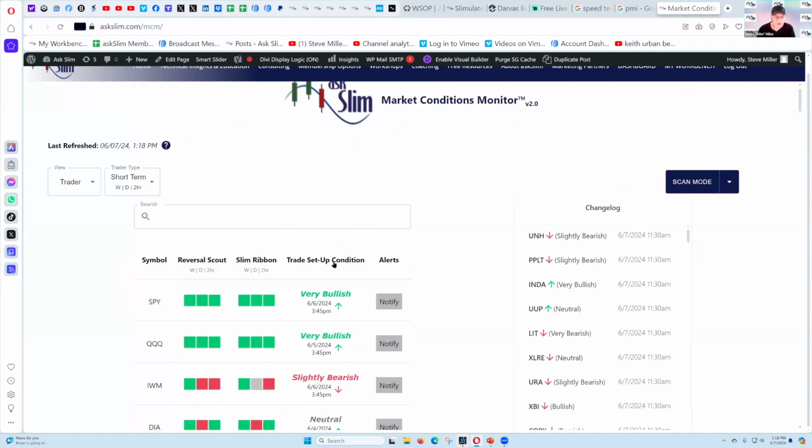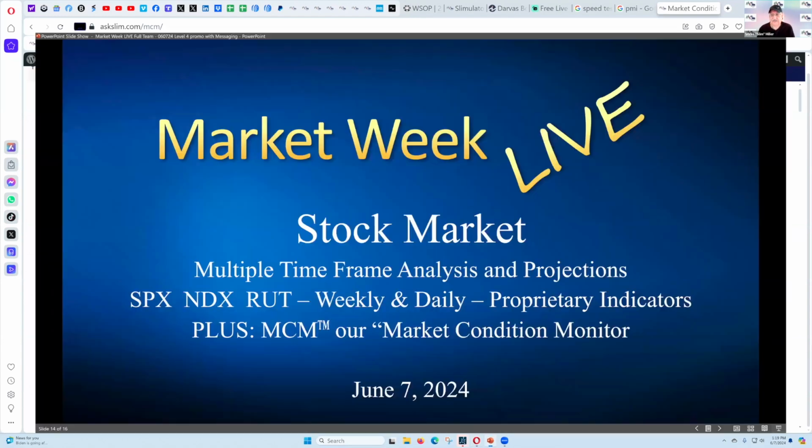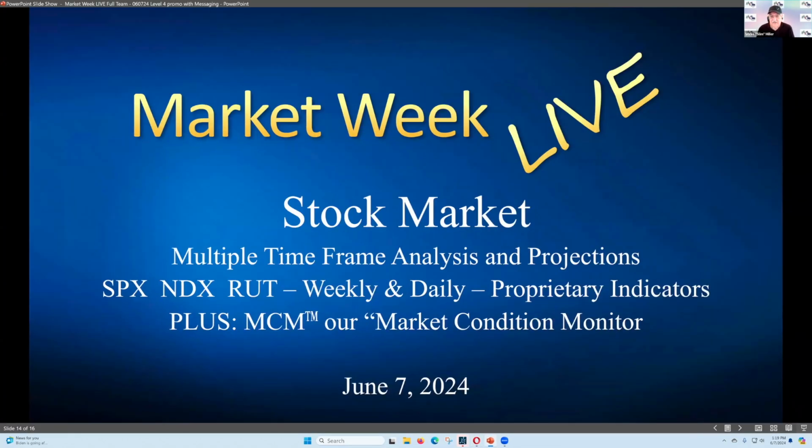And right now we're looking at still bullish conditions in the S&P 500 and the NASDAQ and the IWM switching over to the bearish right now. And this is just another way to read the same thing that I've been sharing with you, that the market is starting to give a sign that this upside is not going to be able to go a whole lot further.